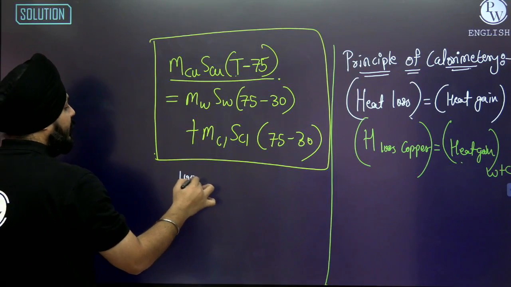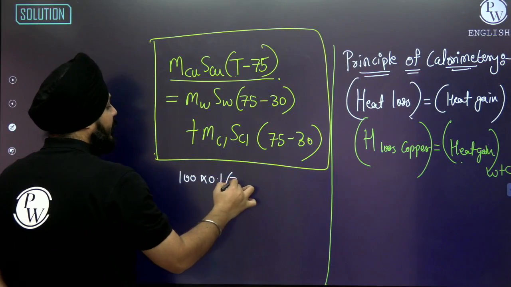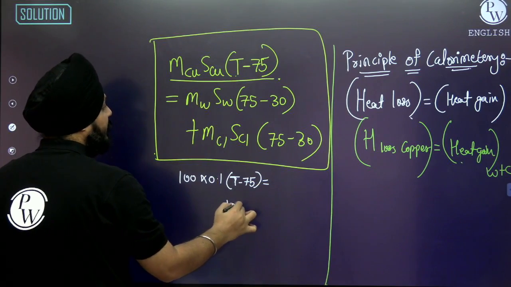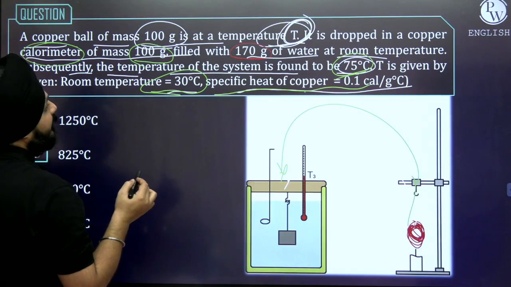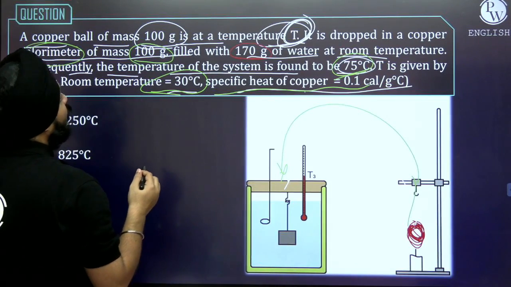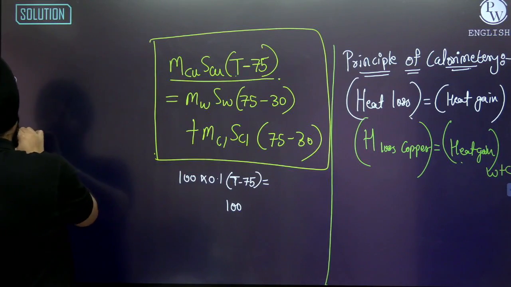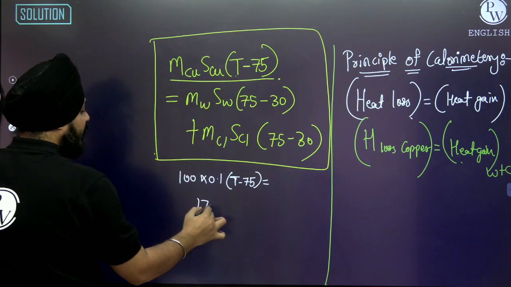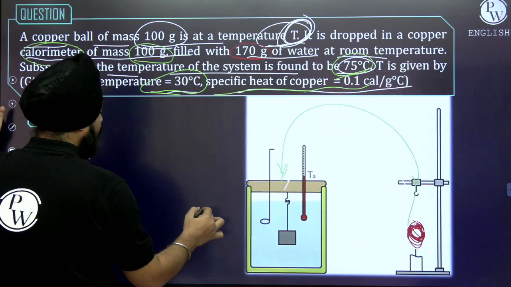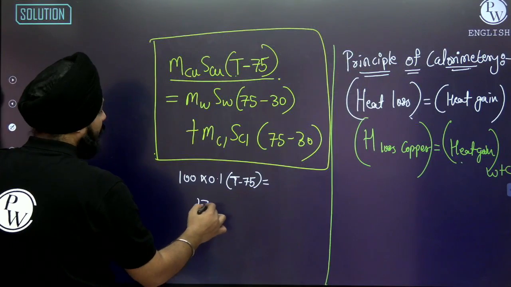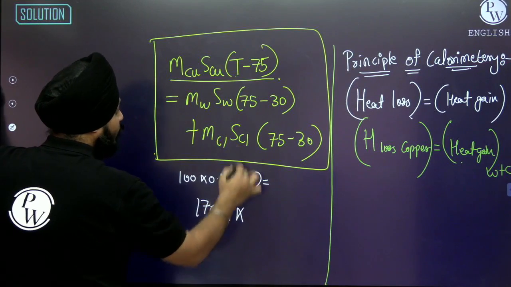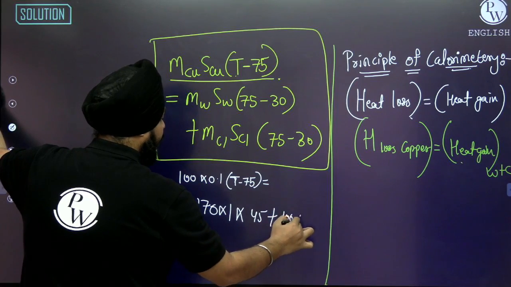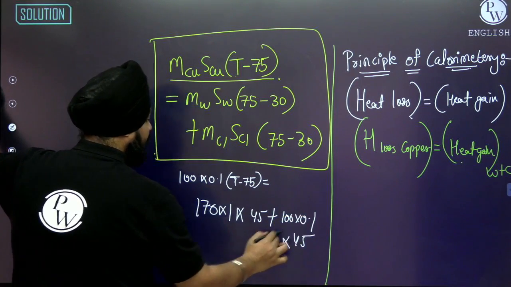So this will be 100 into specific heat 0.1 into (T minus 75), and that is equivalent to the mass of water, 170, into the specific heat of water, which is 1, into 75 minus 30, that is 45, plus 100 into 0.1 into 45.